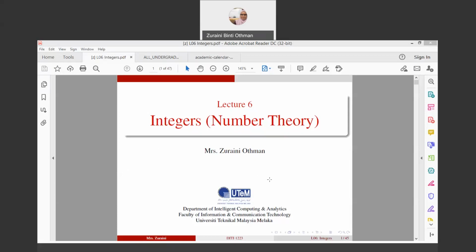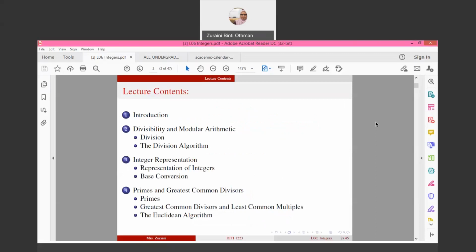So now, this is the lecture content, and this lecture has quite long notes. First an introduction, then divisibility and modular arithmetic, integer representation, then primes and greatest common divisor.